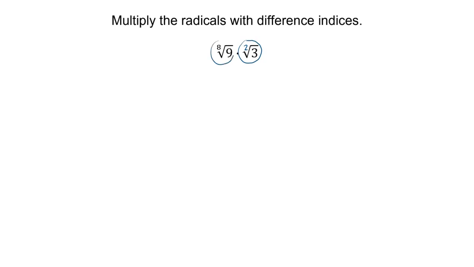Now, the 8th root of 9 we won't have to change because it already has the index that we want it to have. So what do we need to multiply the index of 2 by to make it an index of 8? We need to multiply it by 4. So if we multiply our index of 2 by 4, we get an 8th root. But if we multiply the index by 4, we also have to multiply the exponent on the inside by 4.